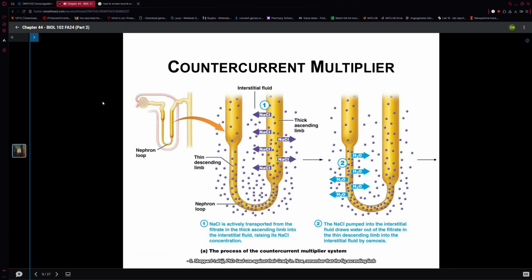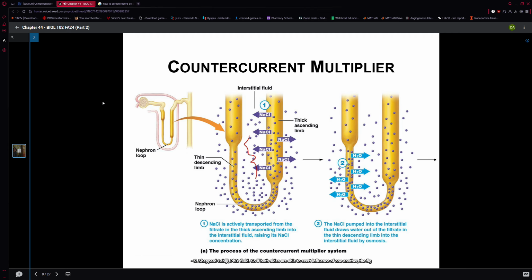Now, remember that the thick ascending limb is not going to be permeable to water, and that's going to be due to the low concentration of aquaporins that's seen in this portion of the renal tubule. So we have our thick ascending limb pumping salt out. So we are increasing the solute concentration that is seen within the interstitial fluid.